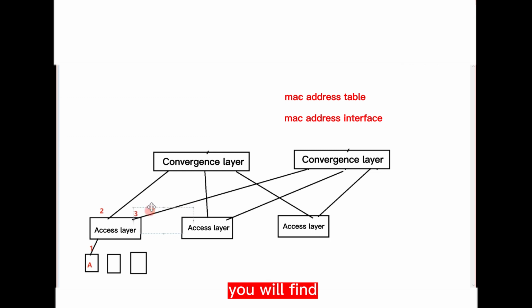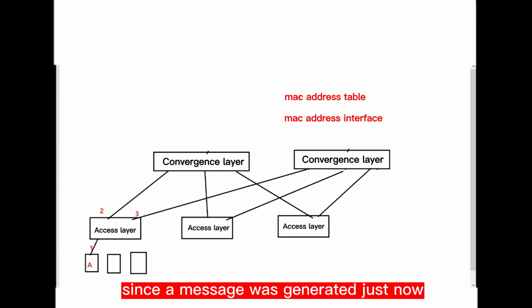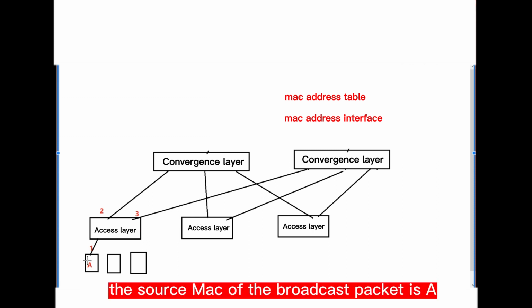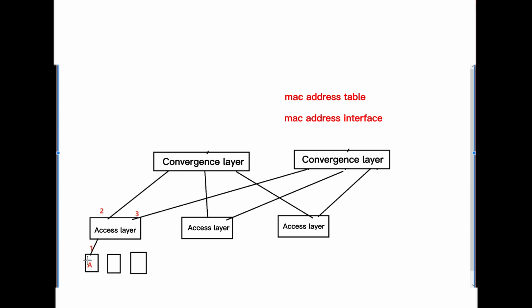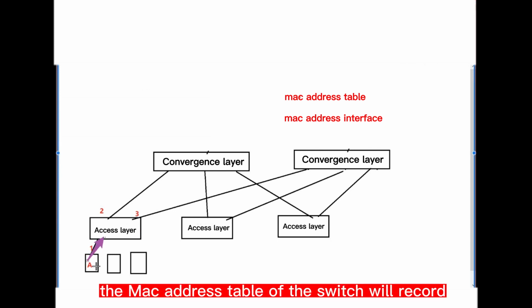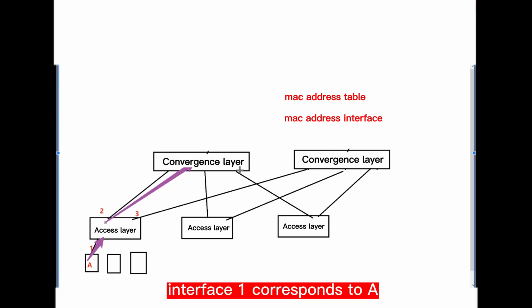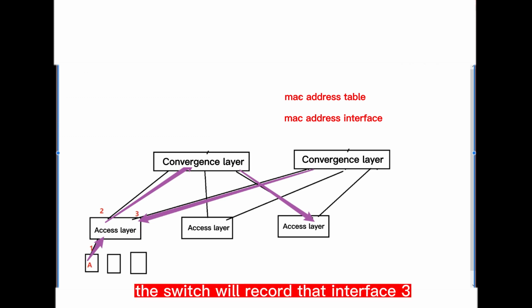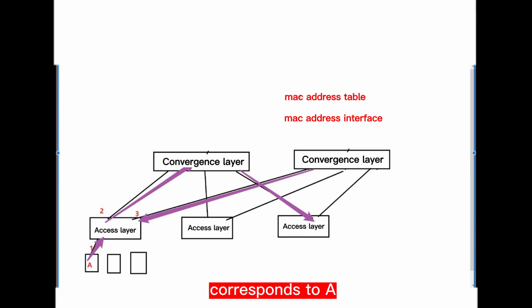You will find that since the broadcast packet keeps coming, its source MAC is A. When data comes in, the switch's MAC address table will record that interface 1 corresponds to A. But when it is sent back, this broadcast packet makes the switch record that interface 3 corresponds to A.